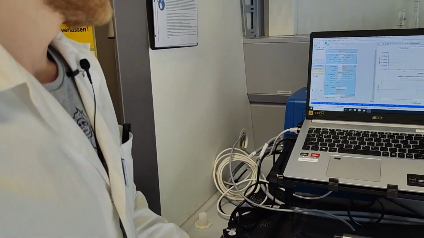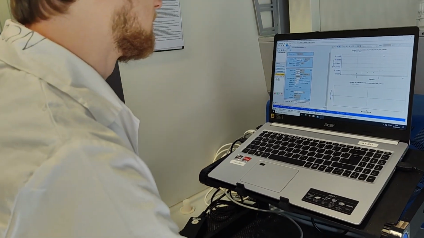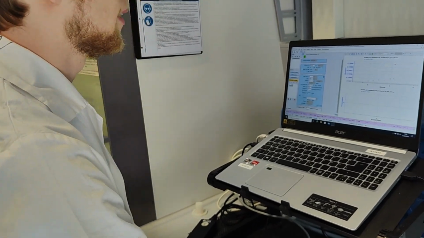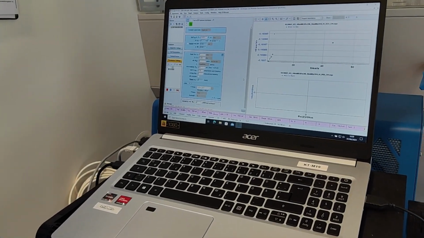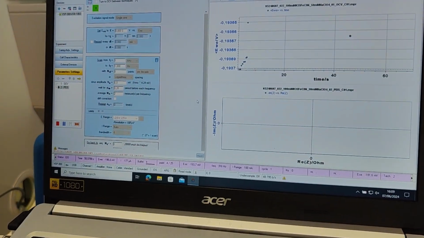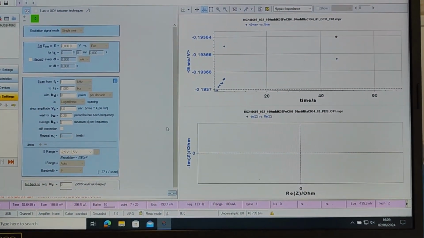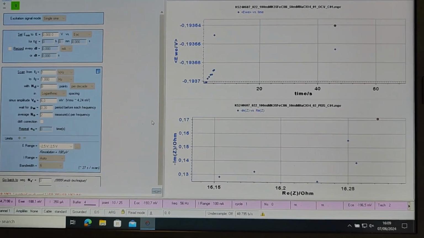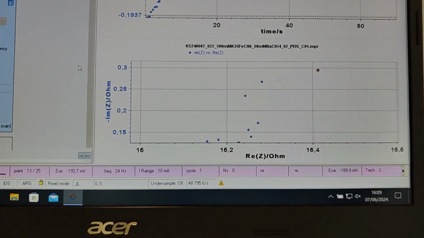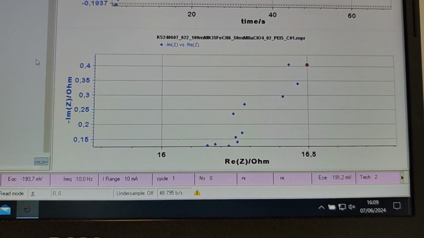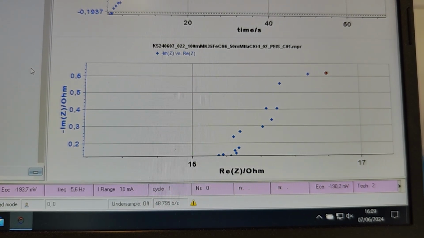Then we can start the measurement. First, a little OCP, just to check if the connections are good. Then the impedance starts, going from 1 kilohertz to 1 hertz.